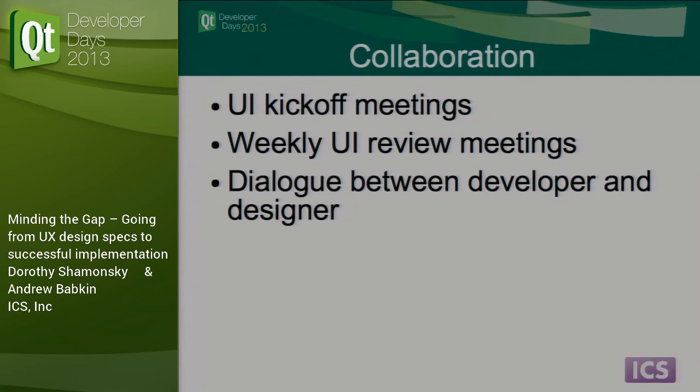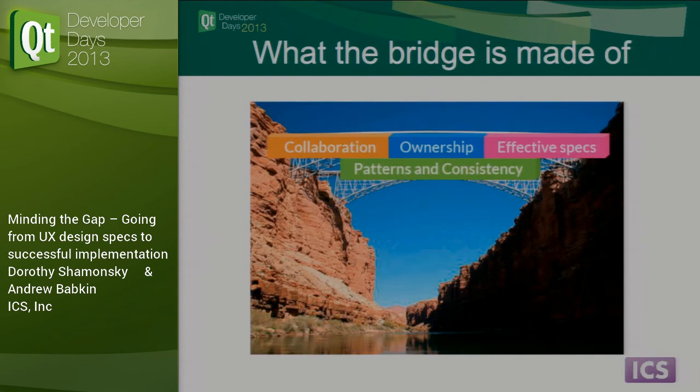Then weekly UI review meetings where you can sign off on implementation in little pieces, so that in the end you don't have to deal with a huge amount of UX bugs. And of course you need a constant dialogue between developer and designer. Another building block is ownership, which we just talked about.